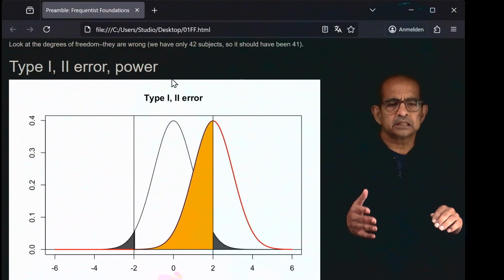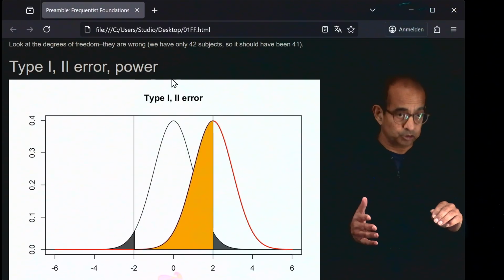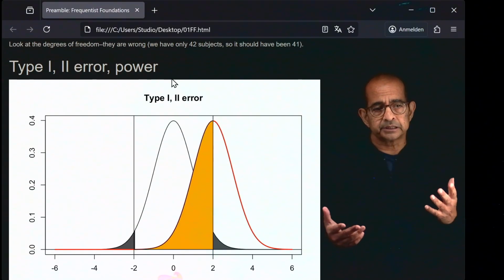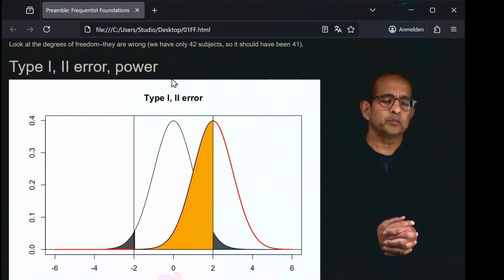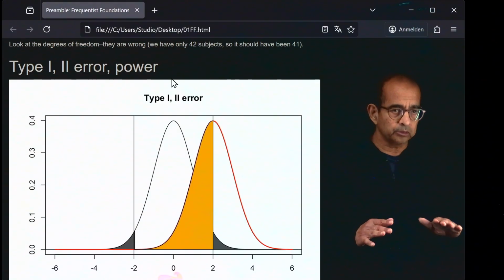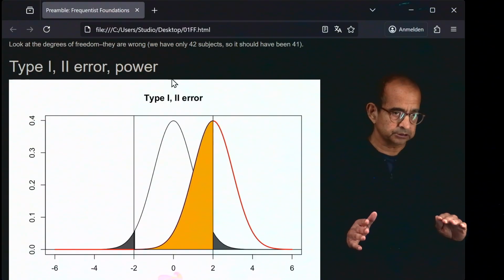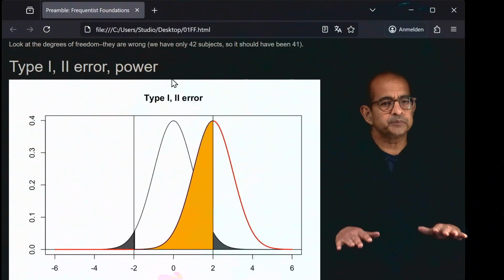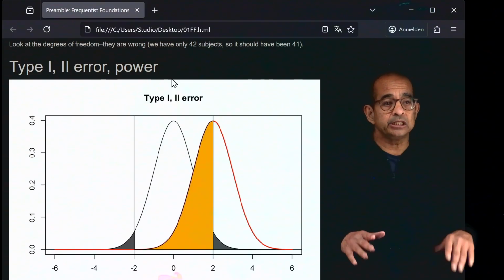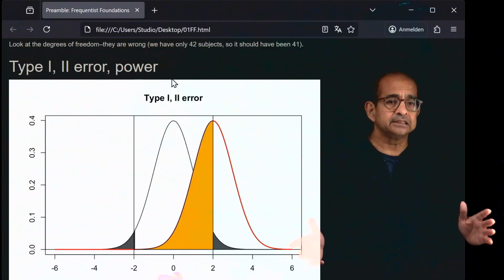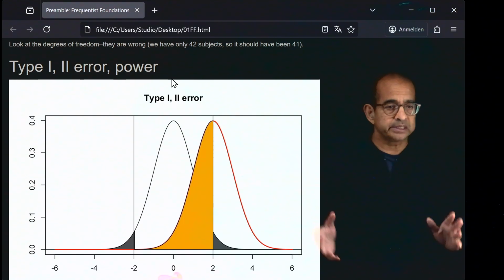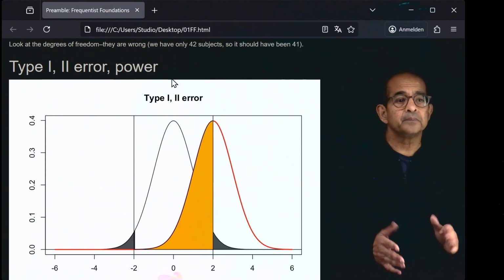The orange color is representing type 2 error, and if you think about it, what you really want when you do an experiment is to keep your type 1 error low. You don't want to make wrong decisions. So you want to keep your type 1 error low. That means you want to keep the probability of your incorrectly rejecting the null when it's actually true low, and we conventionally set it to 0.05.